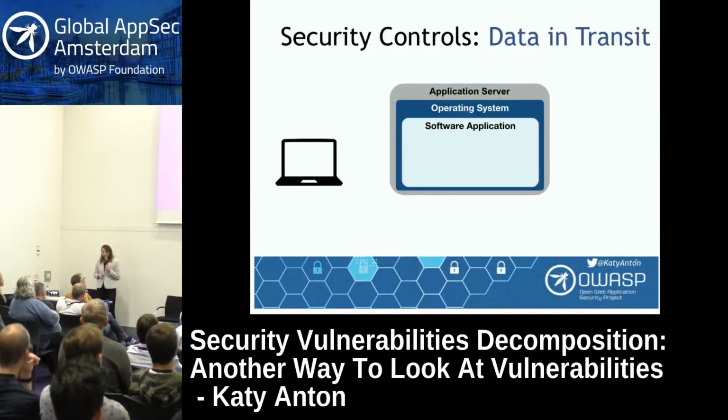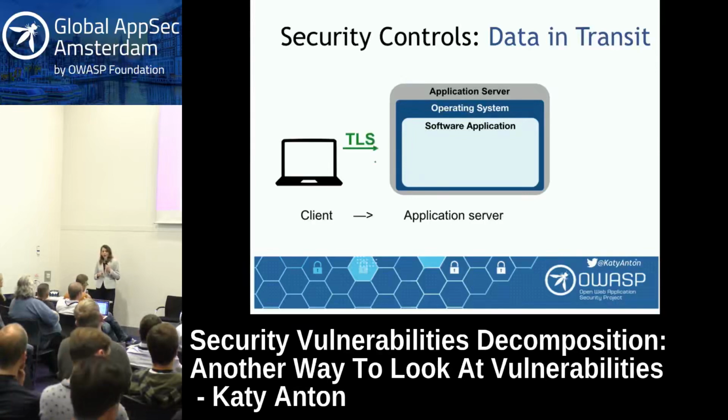When it comes to data in transit, we are getting pretty good at sending the data encrypted over a secure channel between the client and the application server. In particular, thanks to Let's Encrypt, we are getting pretty good at this these days.